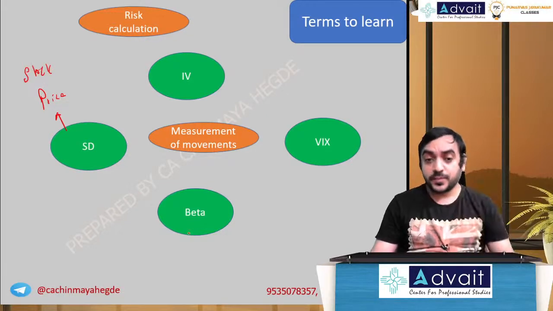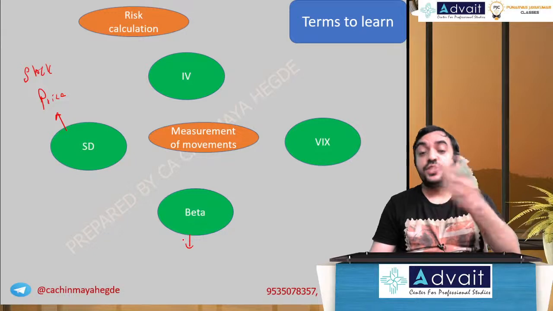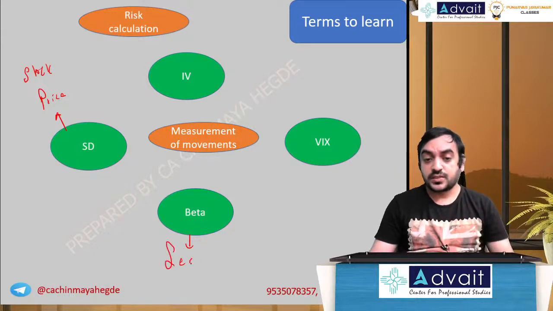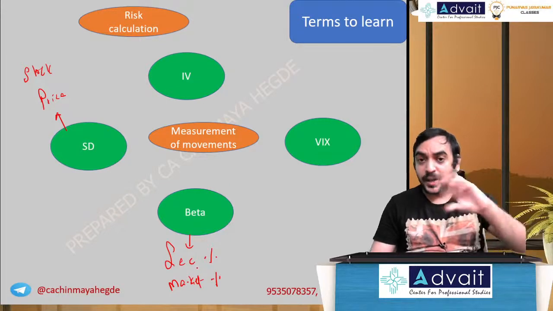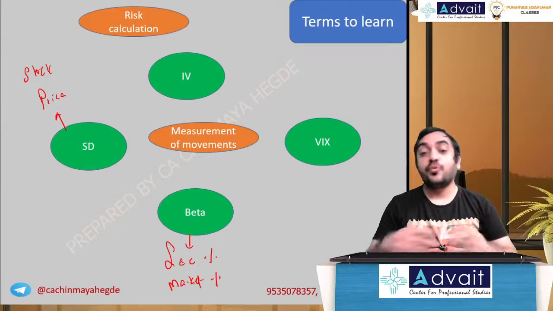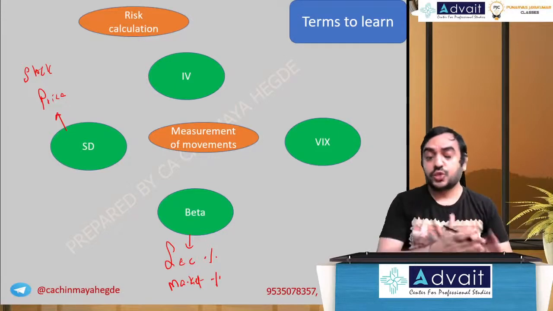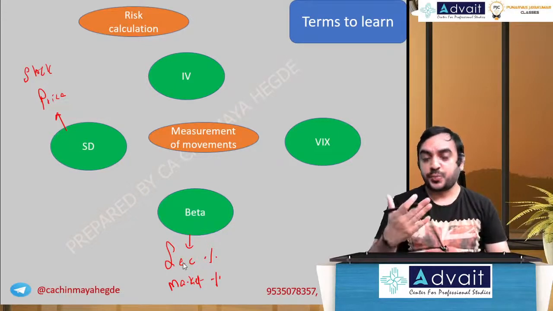Whereas beta is comparing the returns of the two: one is security return percentage and the market return percentage. By comparing the two, we calculate the movement. That is beta. So movement of one variable with respect to movement of another variable.